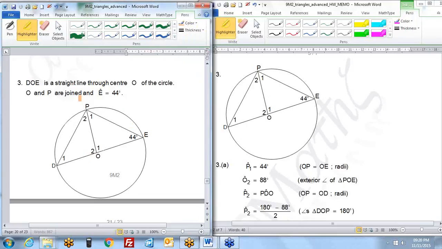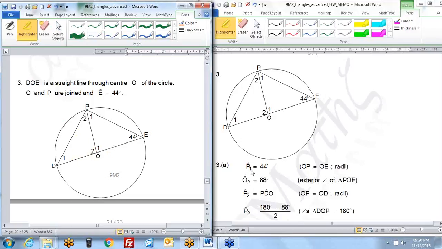For some other reason, we have a technical problem now. You need to make a note on your paper that PO equals OE equals DO because all three of them are radii. So this is a radius, PO, OE is a radius, and DO is a radius. So they are the same size.